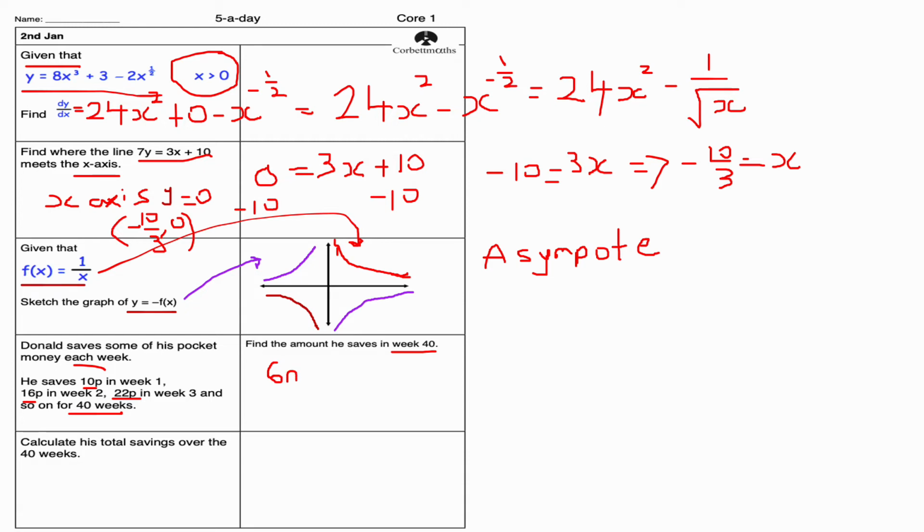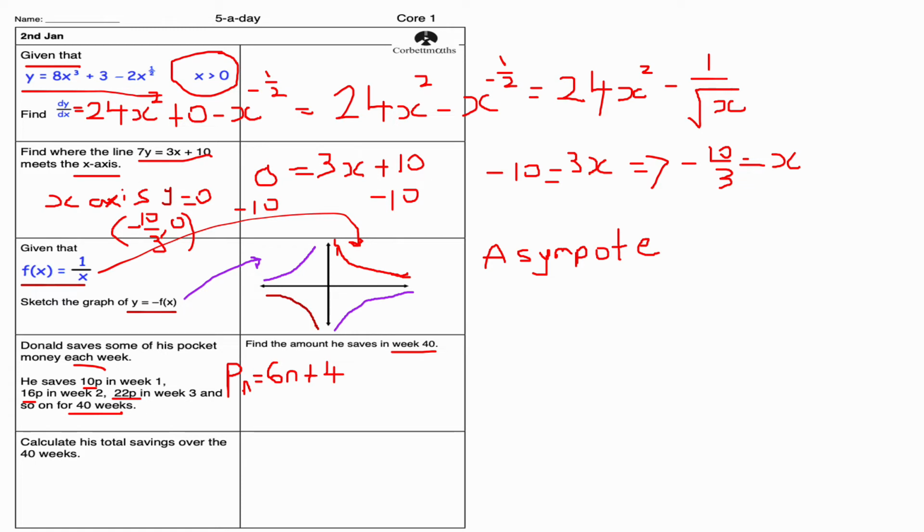When n is 1, 6 times 1 is 6, plus 4, and I get 10p. So this is my nth term. If I label this as, let's say, p_n, this is my arithmetic progression.